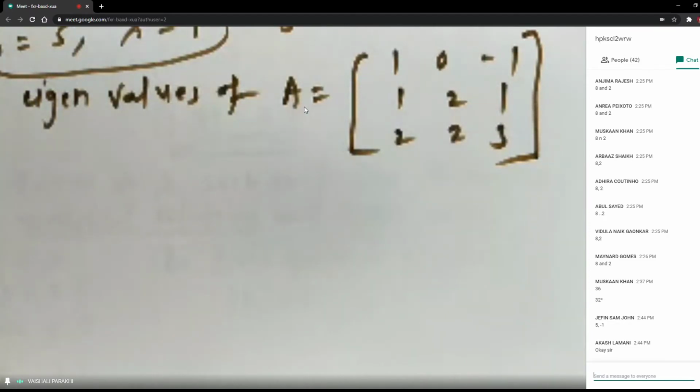Okay. This is a 3 by 3 matrix, you can go for the shortcut method and see what the characteristic equation is. Try, all of you. I am giving you 2 minutes.